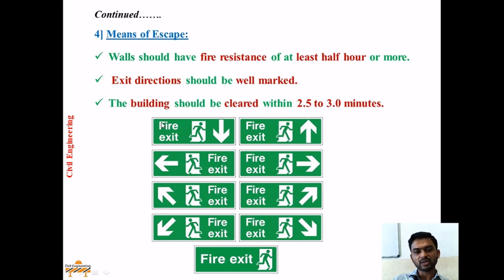That is, in case of emergency, which direction you should follow. And these directions are a must so as to achieve the 2.5 to 3 minute escape time. That is, the building in case of emergency should be cleared within 2.5 to 3 minutes so that no public harm or loss of life will take place.